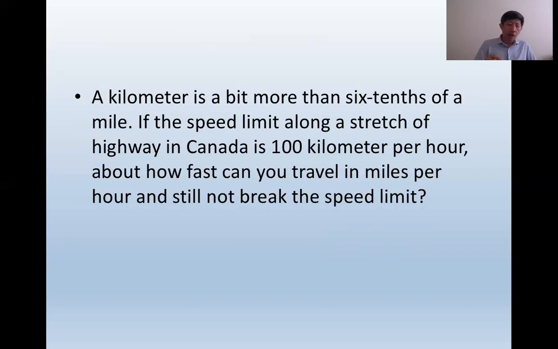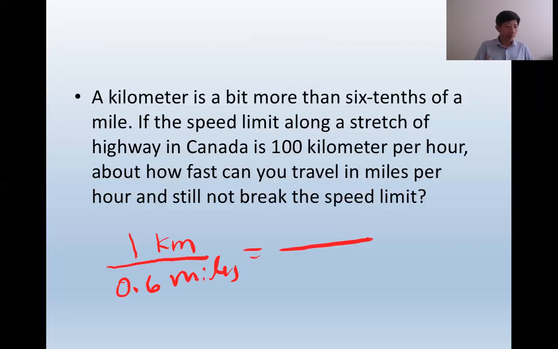So here I would do 1 kilometer, it's a little bit more than 6/10 of a mile. All right. So now if I have 100 kilometers, then how many miles, right?